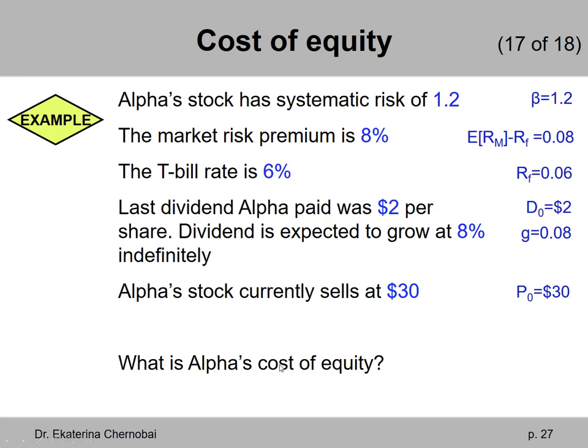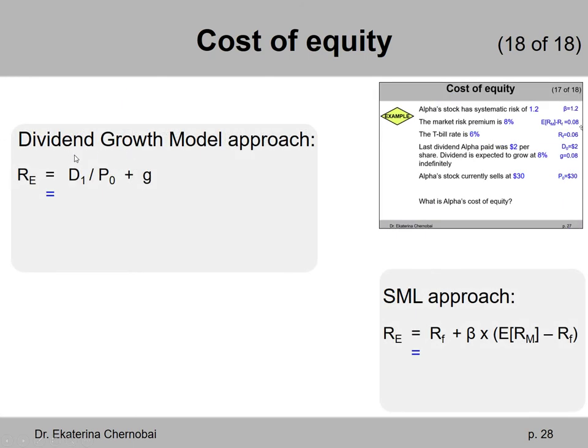Let's calculate the cost of equity. What are we going to do? If we use the dividend growth model approach, then we would need to take the most recently paid dividend, $2, multiply by 1 plus 0.08, which is the growth rate in dividends.